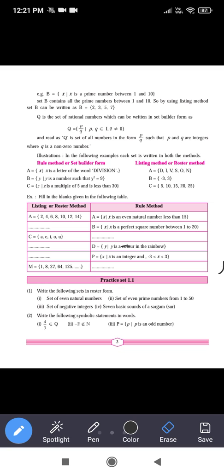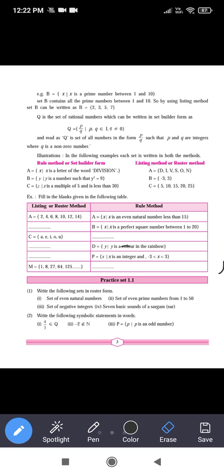Here the name of the set is not given, so you are free to denote the set by any capital letter, A, B, C. Second one is the set of even prime numbers from 1 to 50. Third question is the set of negative integers. And fourth one is the seven basic sounds of the sargam. We have to mention the seven basic notes of the sargam here.